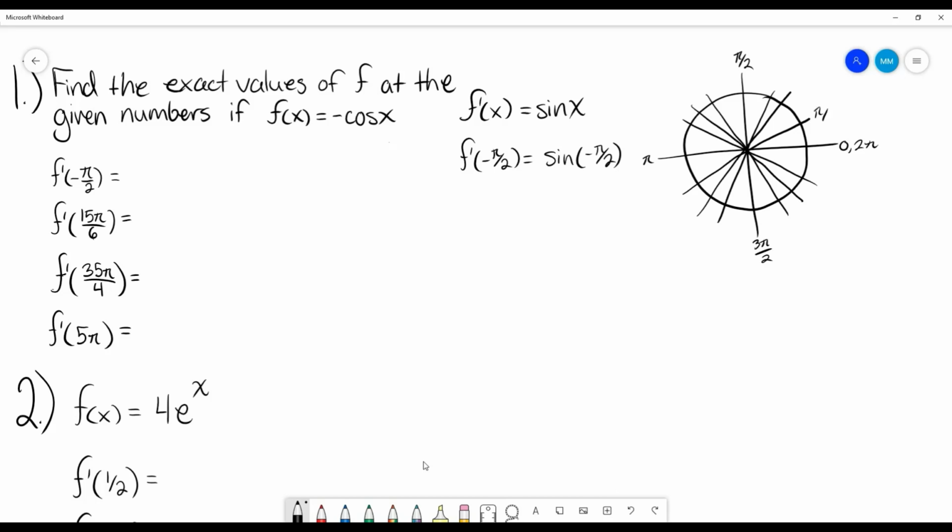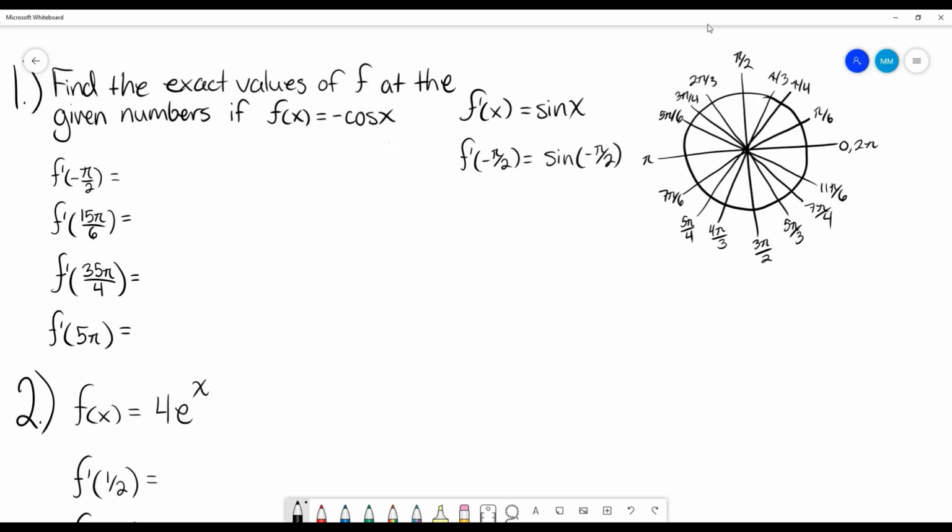Let's see, we've got pi over 6, pi over 4, pi over 3, 2 pi over 3, 3 pi over 4, 5 pi over 6, 7 pi over 6, 4 pi over 3, 5 pi over 4. What comes next? 5 pi over 3. Should be 11 pi over 6 and 7 pi over 4. Okay, so here's our unit circle.